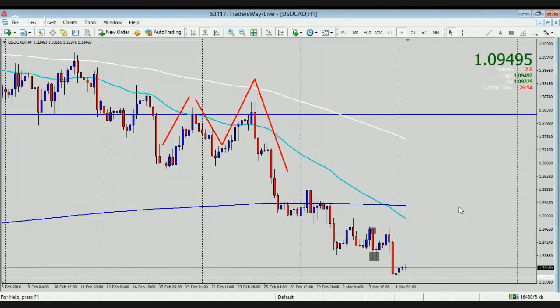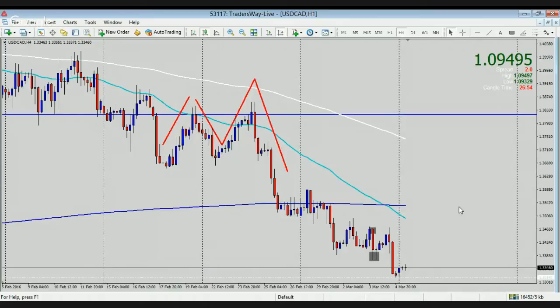From the 4-hour chart and above, you can trade whatever W and M formation you see. Now, why do I say that? The reason why is because from the 15 to the hour, you shouldn't trade against the trend, because that is what's happening inside of a trend off of the higher time frames.